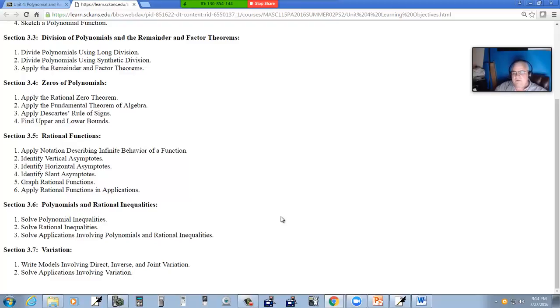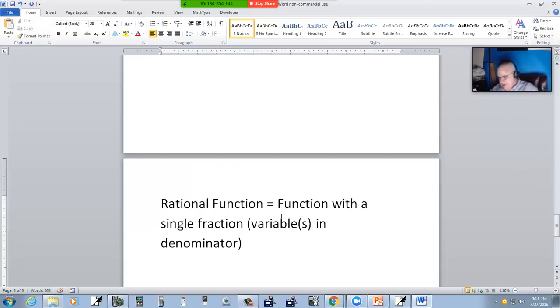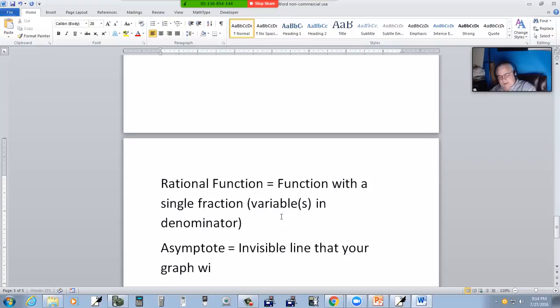Now, it gets down to asymptotes. So let's talk about a vertical asymptote. First, though, an asymptote is an invisible line that your graph will skim at some point. Get real close to it, but never touch it, never cross it.